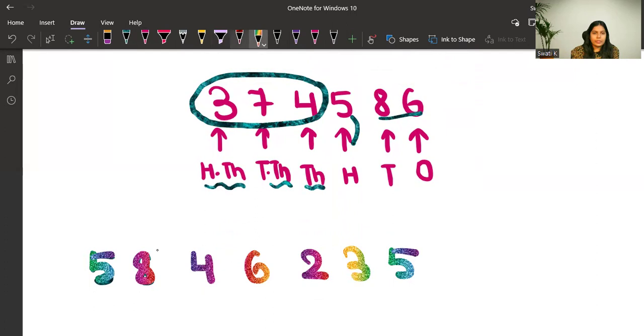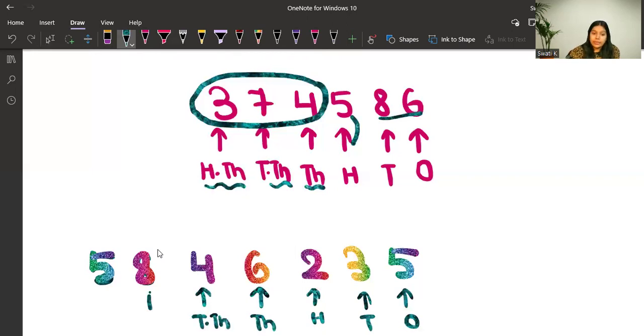Let's do the question now. So you know that the place value of 5 is ones, then tens, then hundreds, then 1,000, then 10,000. After that, not lakh, but 100,000. And after this, we have a new term, which is called million. Million, right?